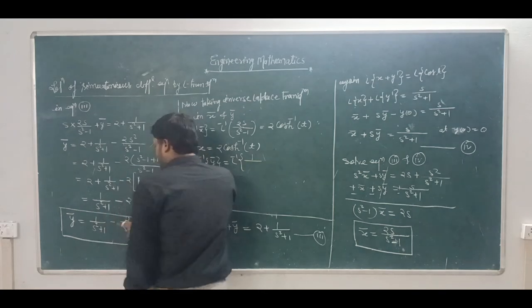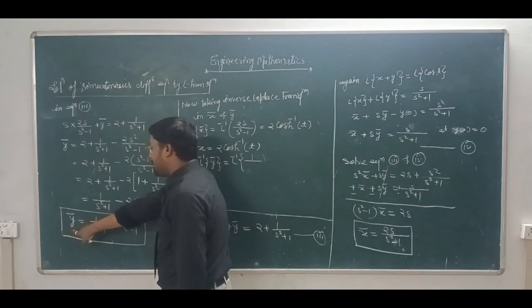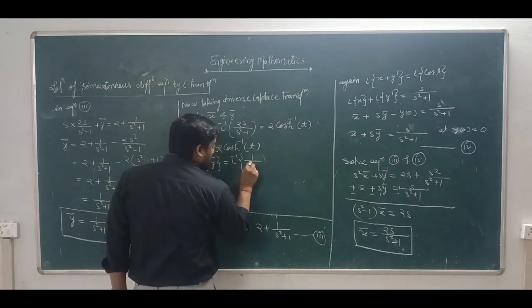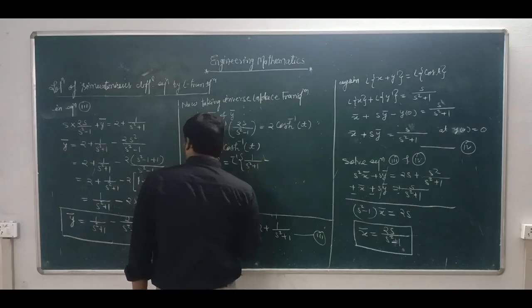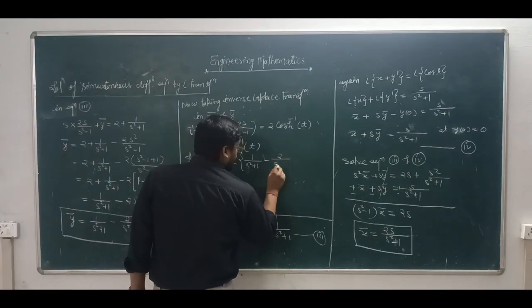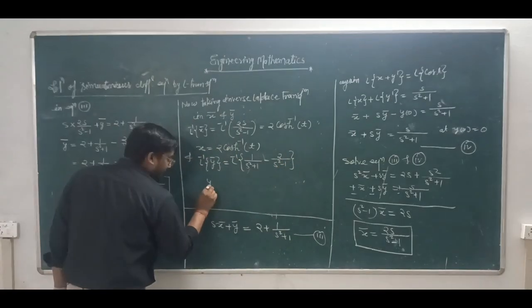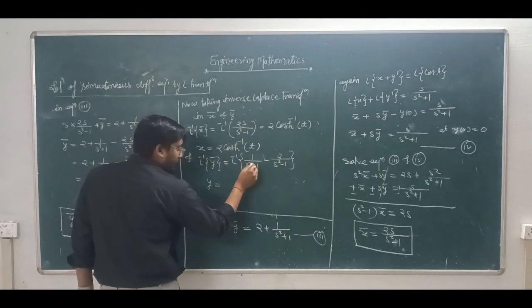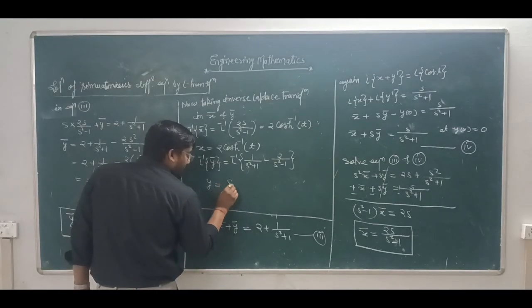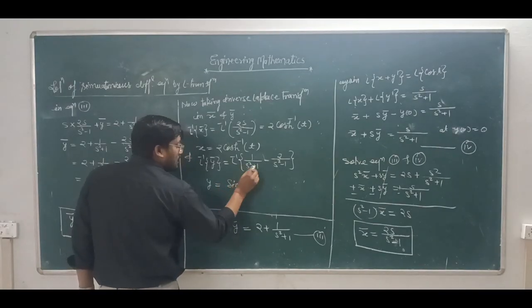1 upon s square plus 1 minus 2 upon s square minus 1. Now you can write y is equal to inverse Laplace of 1 upon s square plus 1.